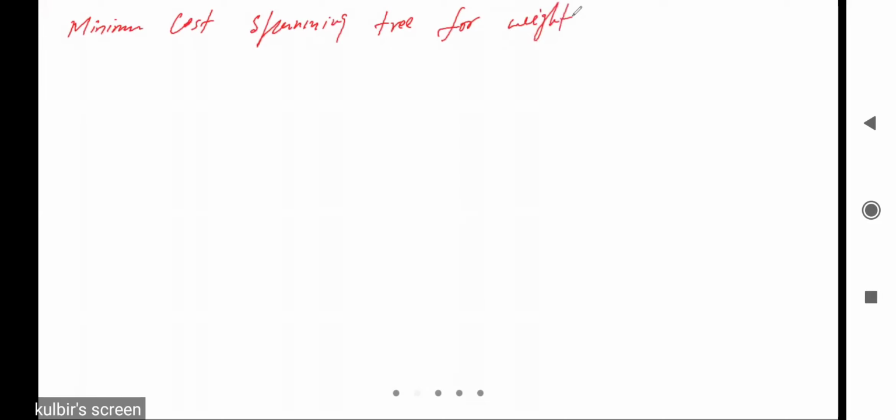Minimum cost spanning tree for weighted graph. Okay, so we'll discuss the minimum cost spanning tree with weighted graph.